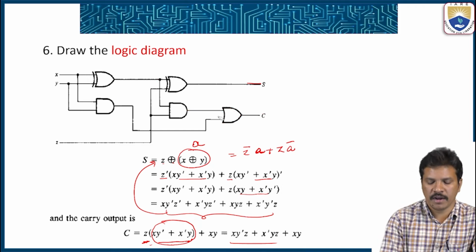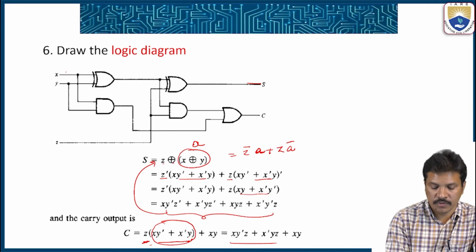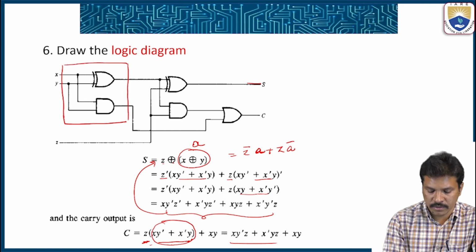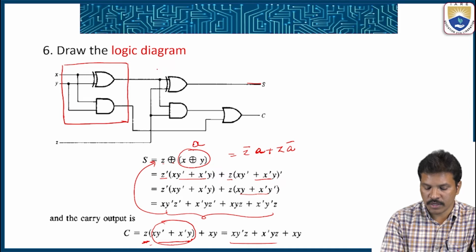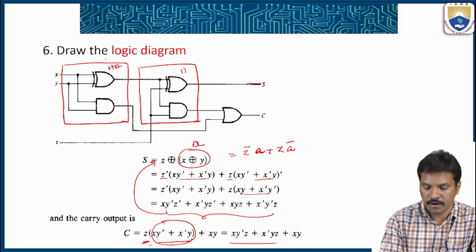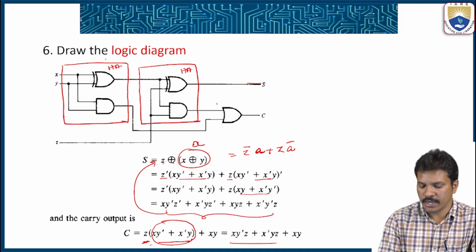So we know the half adder is directly one XOR gate and an AND gate. We can take this as one half adder box, and this is also another half adder box, and one OR gate.